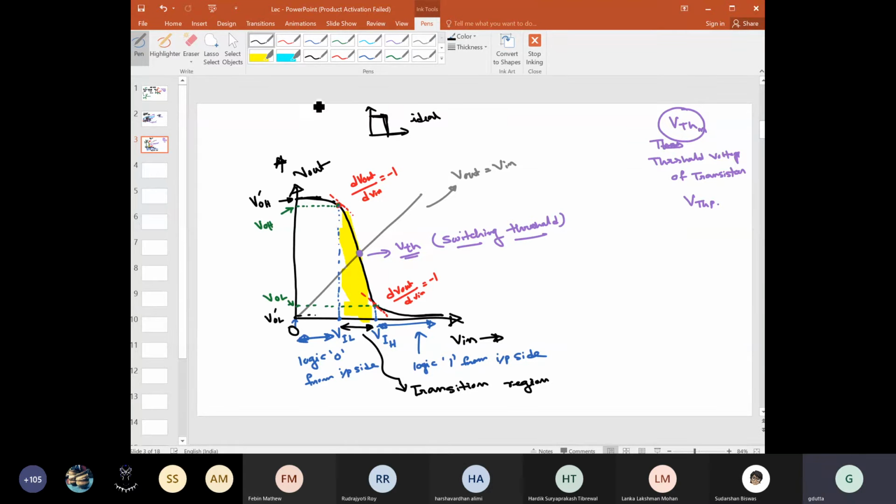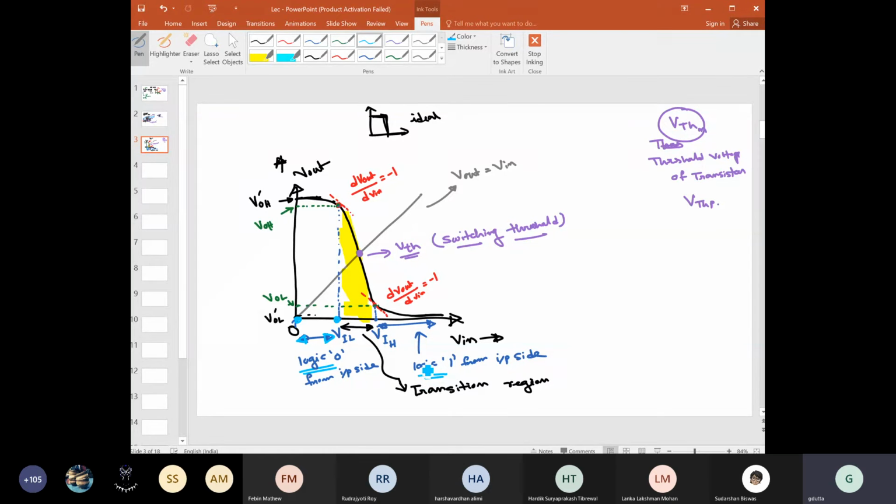Here, one more point I would like to mention. See here, this logic 0. If I say logic 0 from the input side, that means any voltage from here till here can be considered as logic 0. Similarly, any voltage between VIH and the maximum voltage, maybe VDD, can be considered as logic 1.